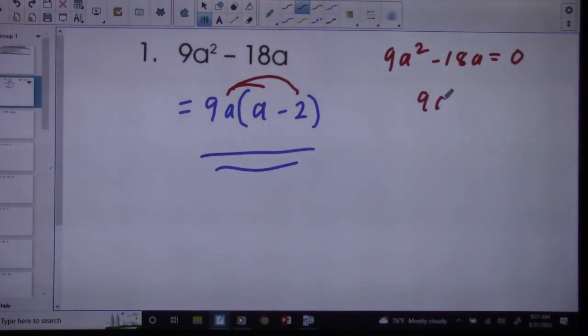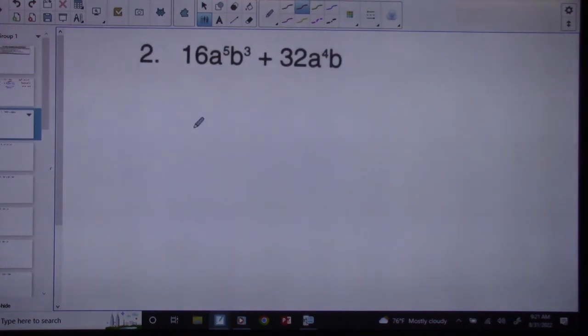Because if you have 9a times a minus 2 is equal to 0, then you would see here that a is equal to 0 and a is equal to 2. And also we showed yesterday by graph, you could use this for graphing too. So we don't have very long of class left today. Do you want me to show you a couple others of these?